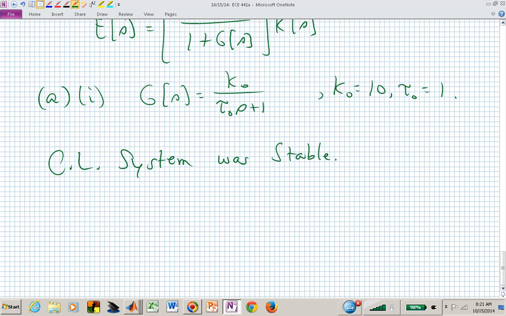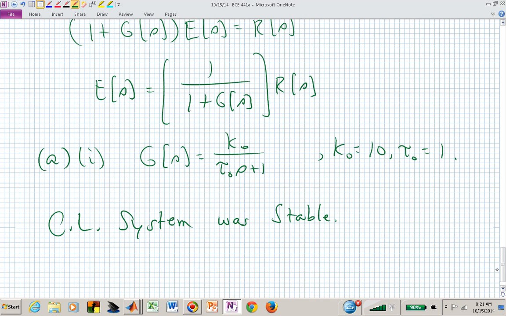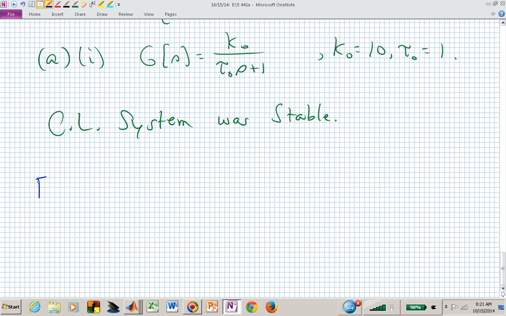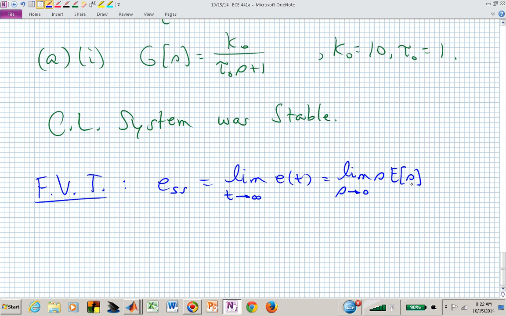And now let's apply the final value theorem to actually find the time domain value of our steady state error. If we now apply the final value theorem, we can now say the steady state error in the time domain is this limit as t marches off to infinity of e of t, but that's equivalent via the final value theorem to this limit as s goes to 0 of s e of s.